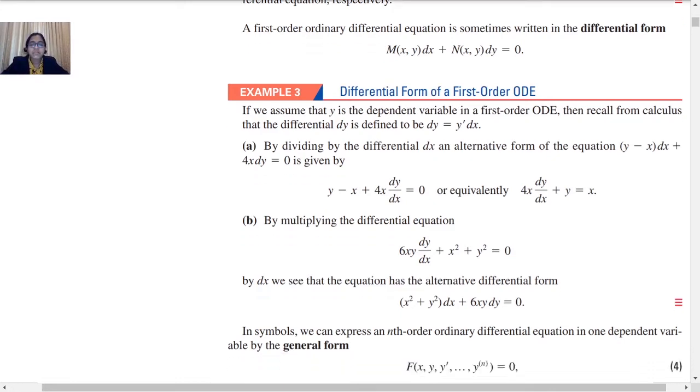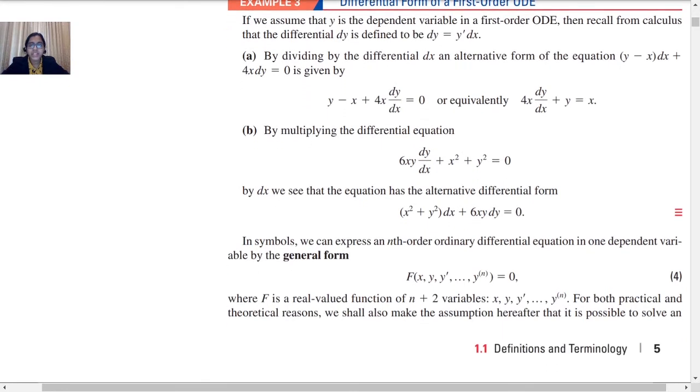And sometimes we write a differential equation in this form also, which is called the general form. Like f of x, y, y dash, etc., y raised to n. That is, a differential equation contains n order derivatives and the dependent variable. There is only one independent variable in the case of an ODE. So we can write that y is depending on x.